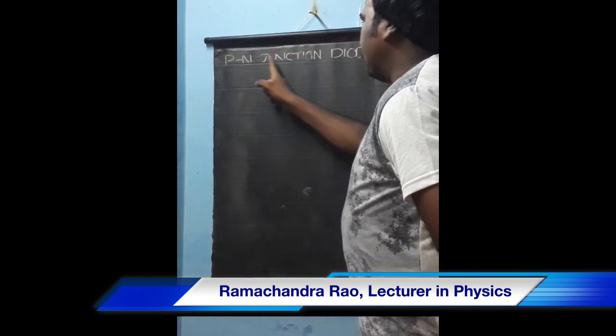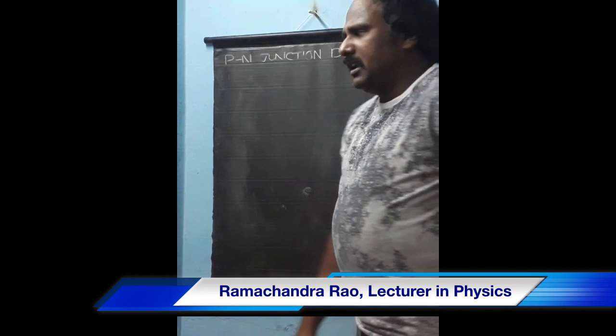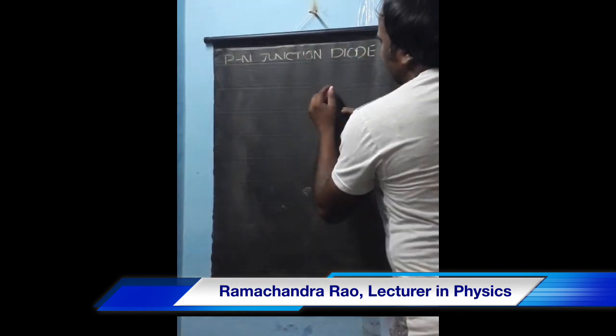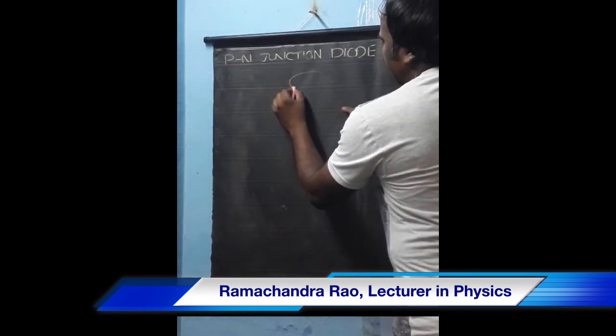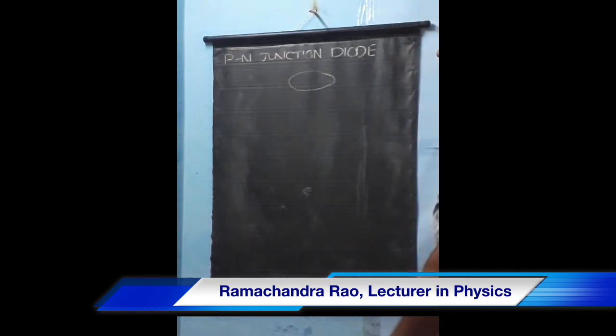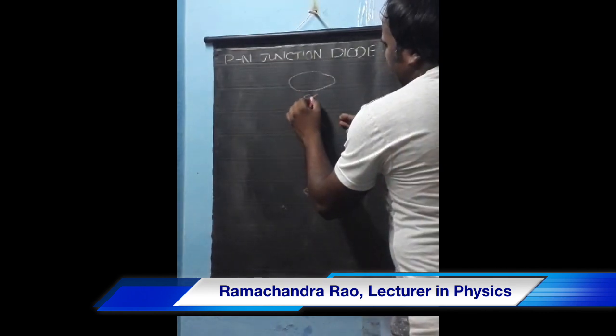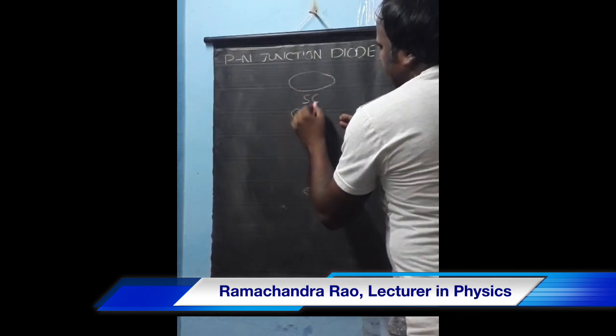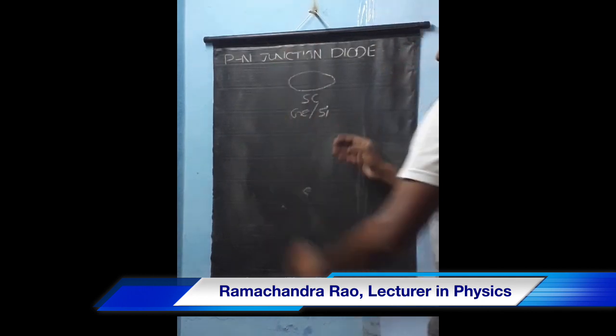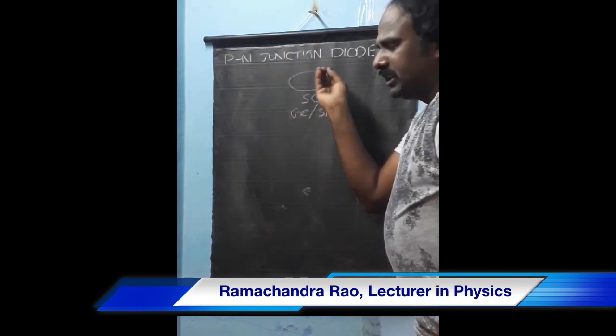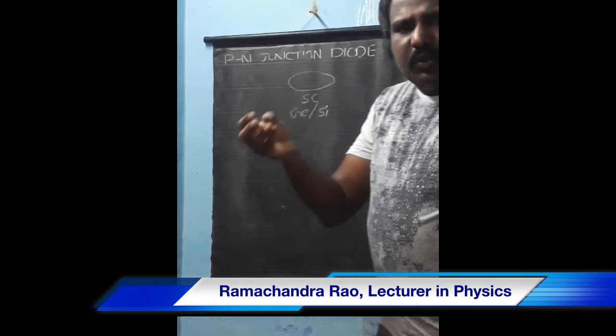So what is PN junction diode? We are going to take a semiconductor, which may be germanium or silicon. To this semiconductor we are going to add impurities. The process of adding impurities is called doping.